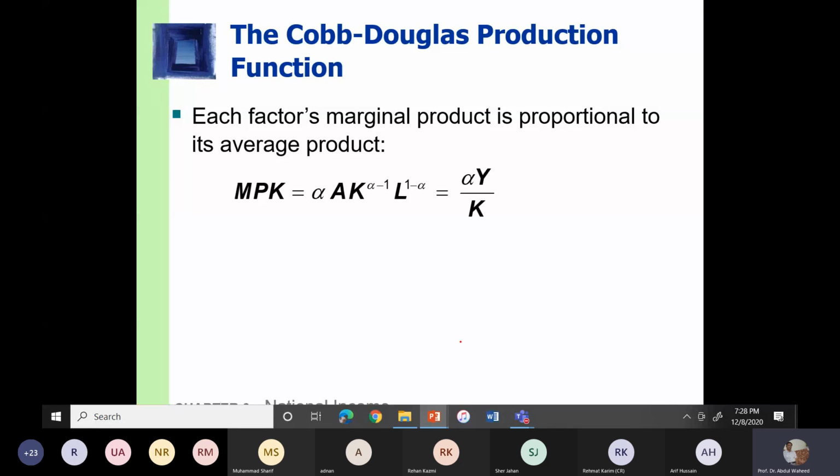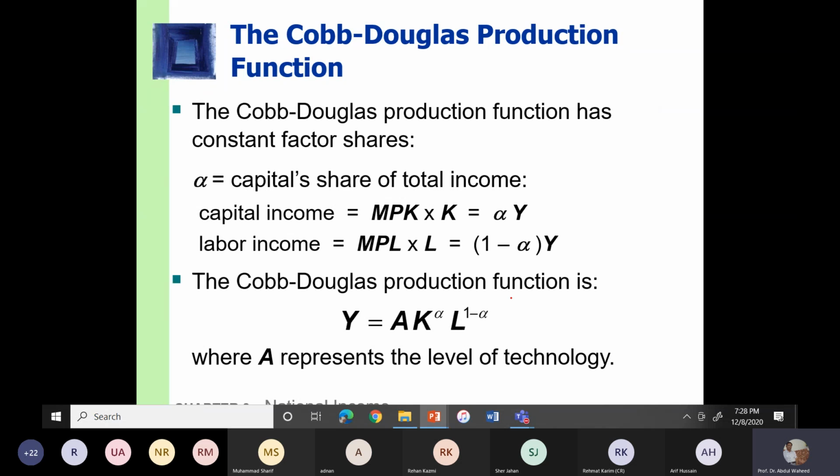Now each factor's marginal product is proportional to its average product in the Cobb-Douglas production function. If I want to know the marginal product of capital from this function, I have to differentiate this with respect to capital.